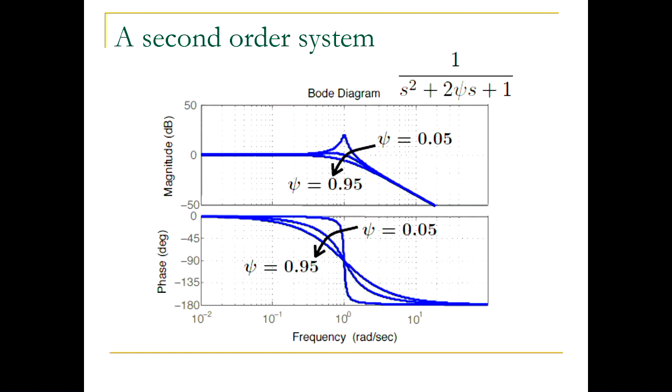So at this frequency, in this case omega equal 1, 10 to the power 0 is exactly omega equal 1. But omega n, the natural frequency, is 1. I've chosen it to be 1. So note that this point is exactly the point where omega, which is the driving signal frequency, is close to omega n, which comes from the model.